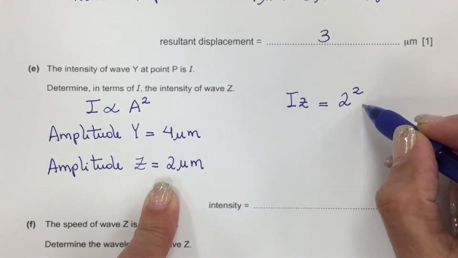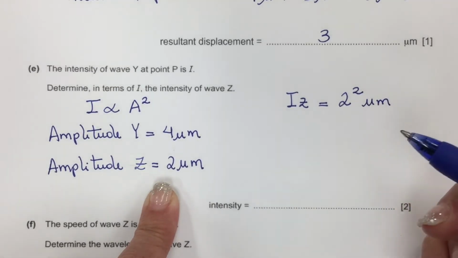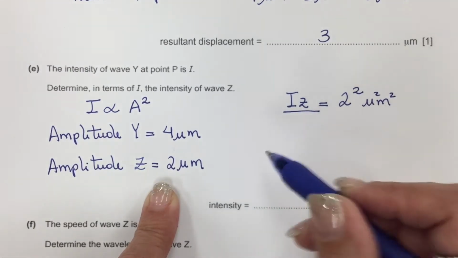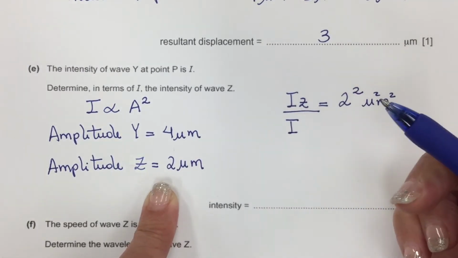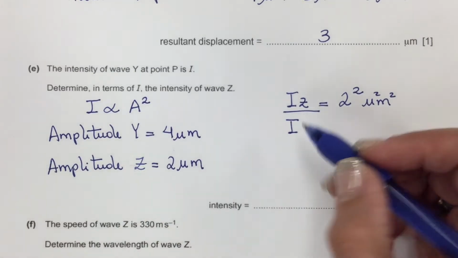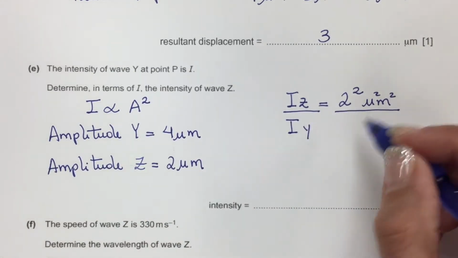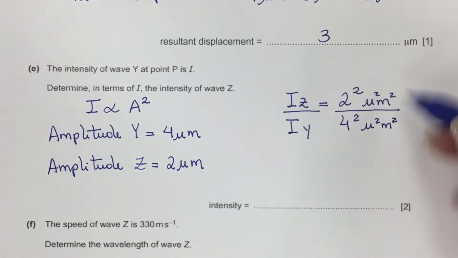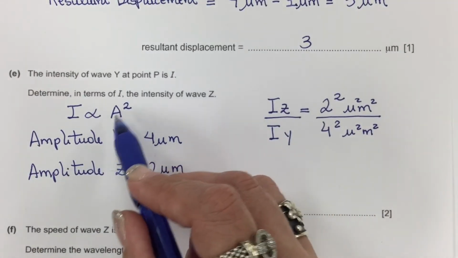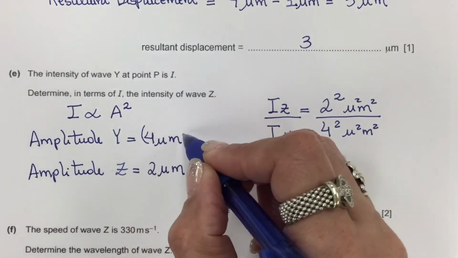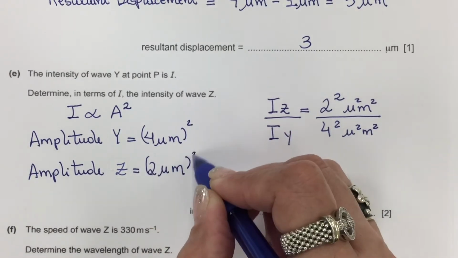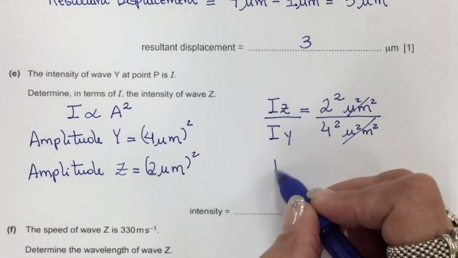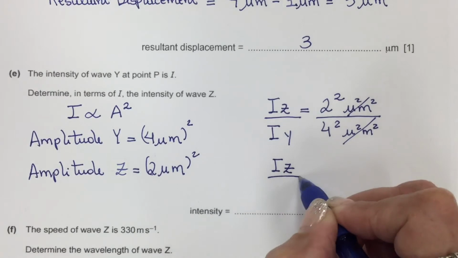If you want to, you can include the units, micrometers, and everything will be squared. Over the intensity of wave Y, which is 4 squared, and the units are also squared, but it will not matter because we are going to cancel anyway. So now we have I sub Z, but there is one detail here.